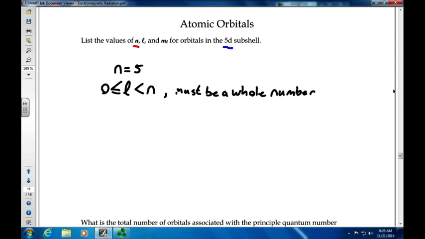So in looking at this, we know that l can only be 4, 3, 2, 1, or 0. And the d in the 5d subshell indicates that l must be 2. Again, s is denoted as 0, p as 1, d as 2, and f as 3.